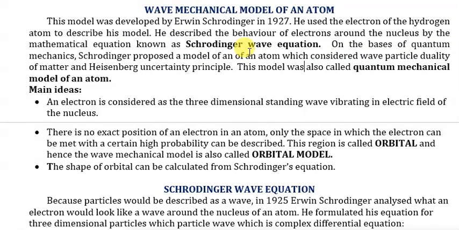So Schrödinger aliona kwamba electron inapokuwa ina revolve around the hydrogen atom, inakuwa motion yake ni kama wave. Remember, in Planck's quantum theory tulisema kwamba an electron is regarded as a particle, ambapo tukasema energy of an electron is equal to Planck's constant times frequency.